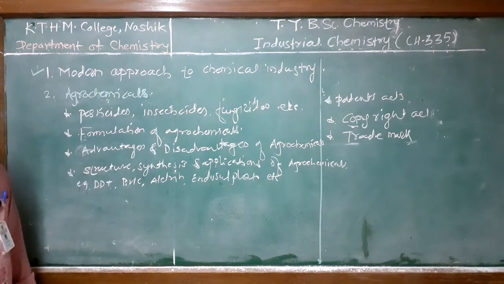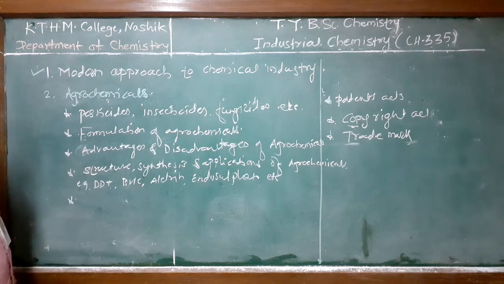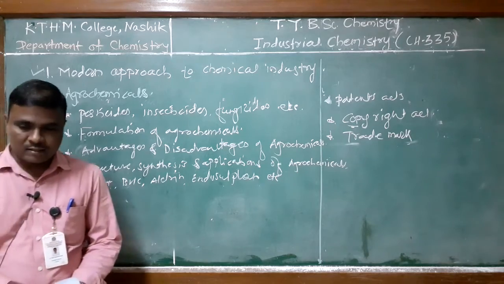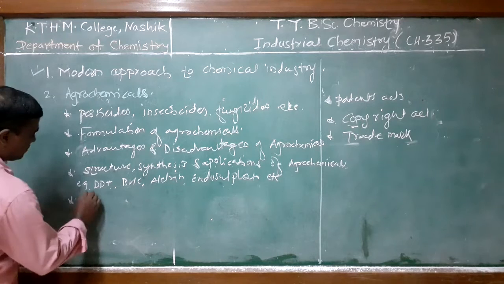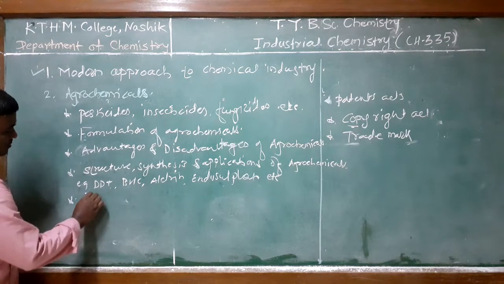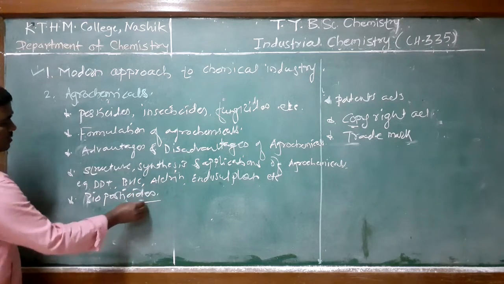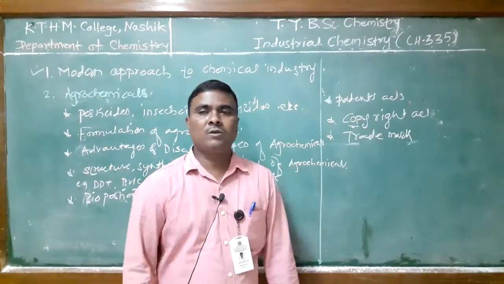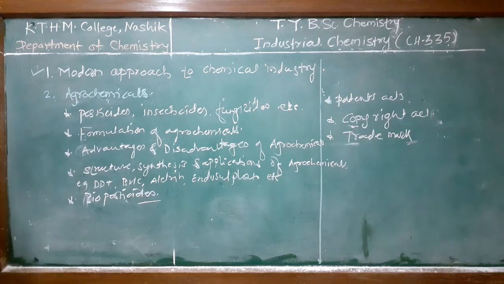And the last point which we are going to cover in this chapter is that, of course, we are going to discuss the chemicals used in agricultural sector. We will discuss biopesticides. Biopesticides, pesticides which are derived from living organisms or from natural resources, are called biopesticides. So, the chapter is very simple, all chapters are very interesting and very simple.